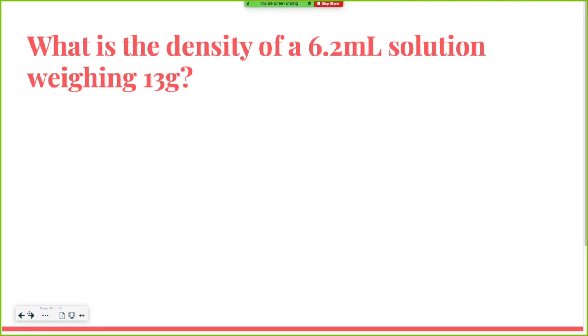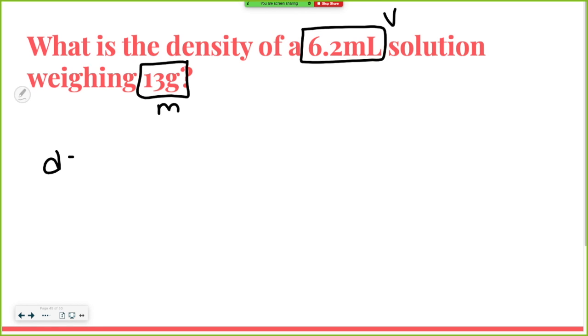So let's look at some example problems, and then we'll get started with our lab. Number one: what is the density of a 6.2 milliliter, this is my what? Milliliters measures volume. Solution weighing 13 grams. Grams is? Mass. All right, so density equals mass over volume.